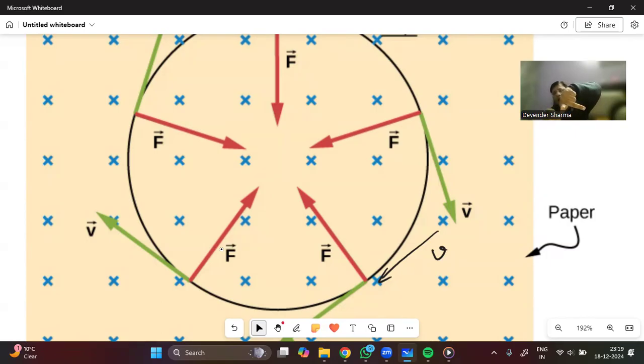So you can see how things are happening. This is the magnetic field, FBI. This is the velocity. The force will be taking it inward. I'll just zoom it out a little bit.